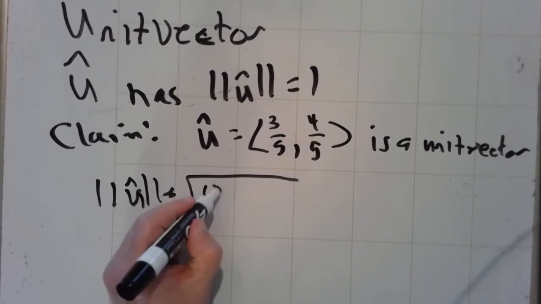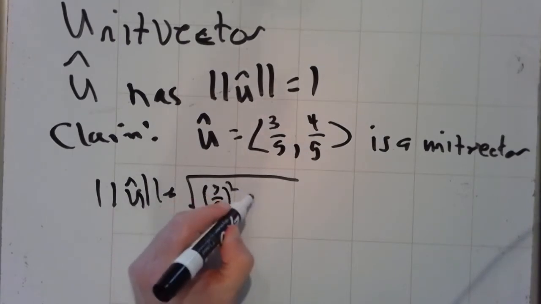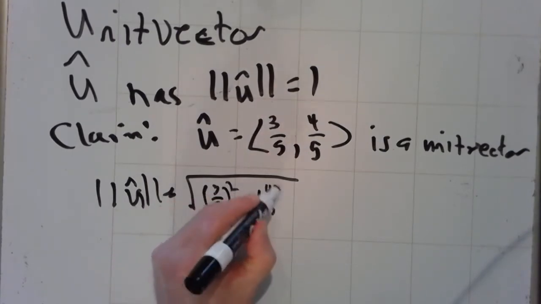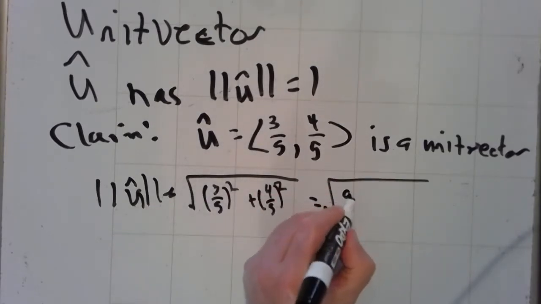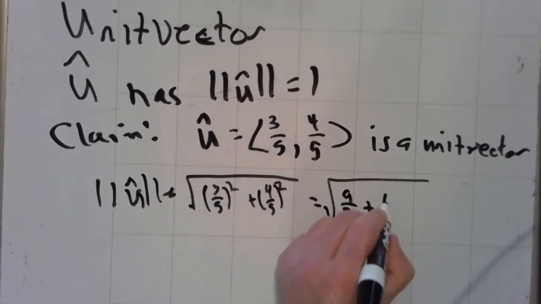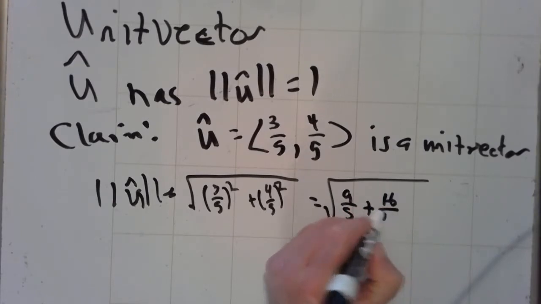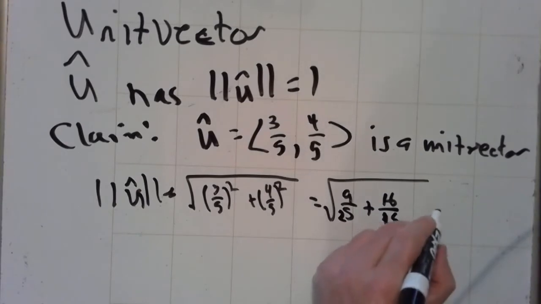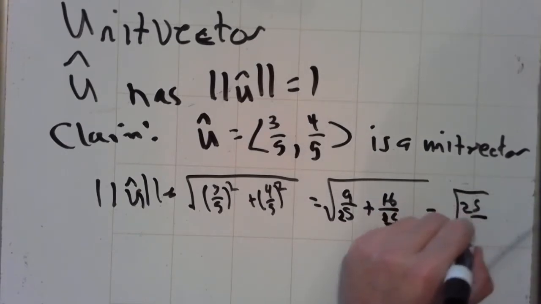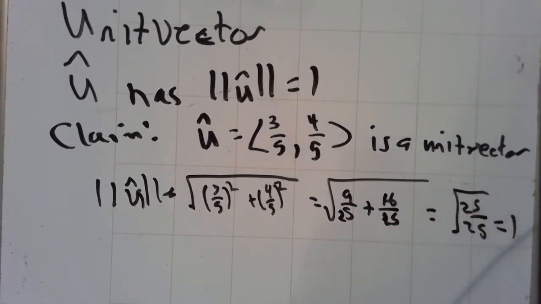So I want 3/5 squared plus 4/5 squared, just Pythagorean. To square a fraction, just square top and bottom. That's 9/25 plus 16/25, or 25/25. That's the square root of 1, which is 1. That guy does have length 1.